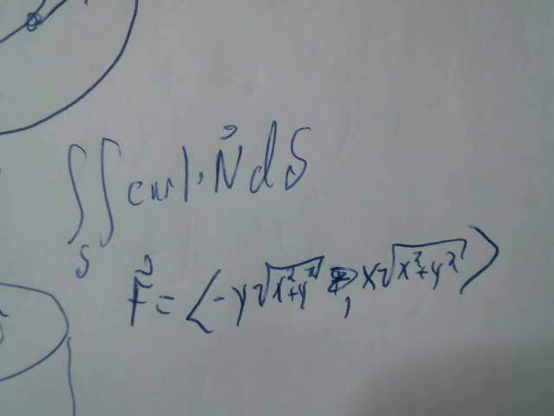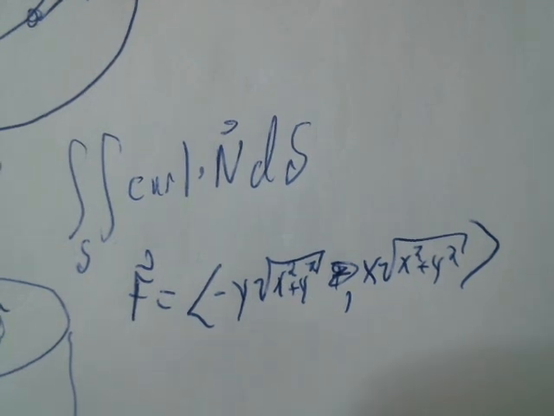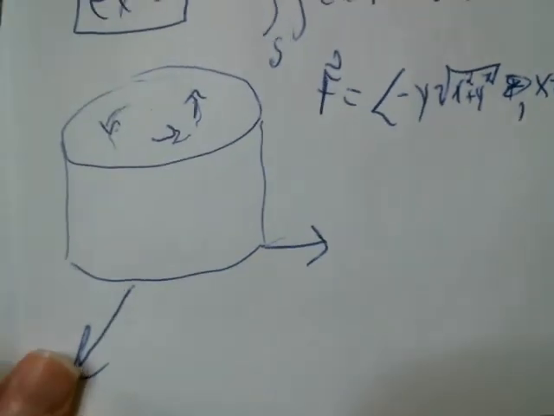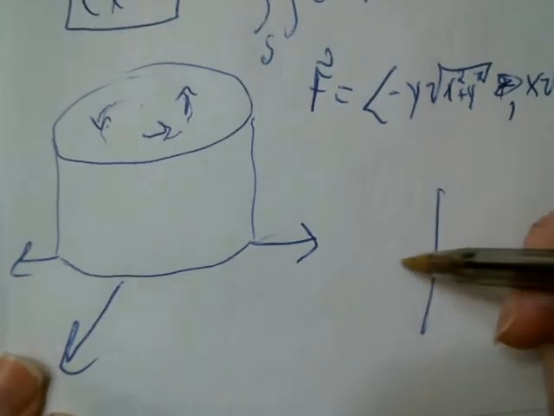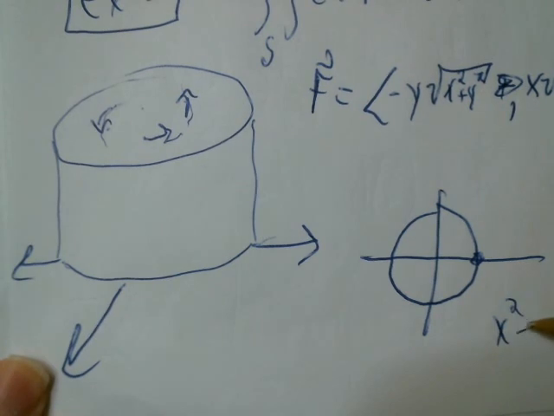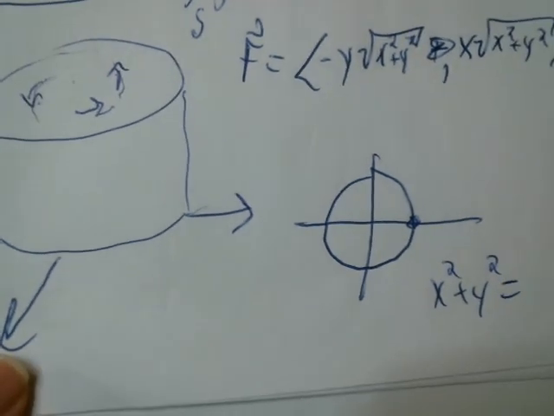And apparently maybe the height is 2. I'm reading the book, scrolling around: a cylinder container of radius 2, and its motion is given by this. S is the upper surface. This is not dependent on the height anyway, so I don't have to worry about that. But this is a cylinder of radius 2, so at least in the xy plane, I can get a formula: x squared plus y squared equals 4.